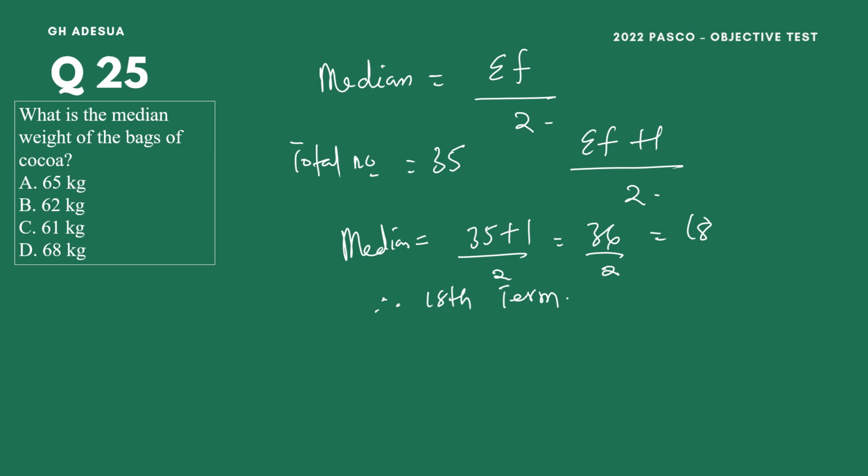And the 18th number would be 64. But in here it was rated as 65. So if you count through, it's going to be 64 kg. That is A.